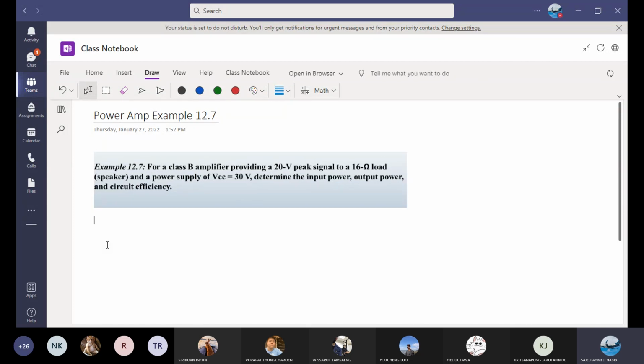Okay, Class B, what is the information being given? I can write it for you. 20 volt peak signal. So that is our VL peak, 20 volts.